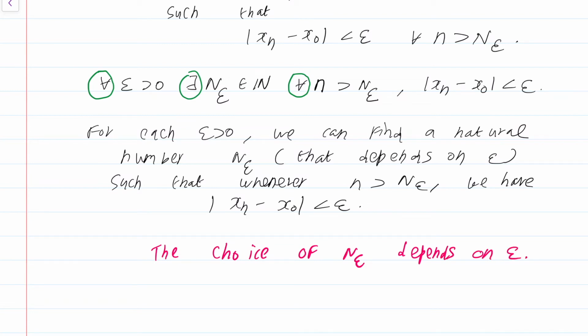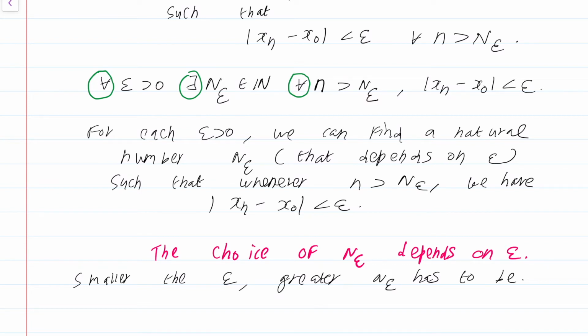Okay. So in general, the smaller the epsilon, the greater N_epsilon has to be. This is just a general statement. It's not always the case, but in general, you have to choose higher N_epsilon whenever epsilon is smaller.